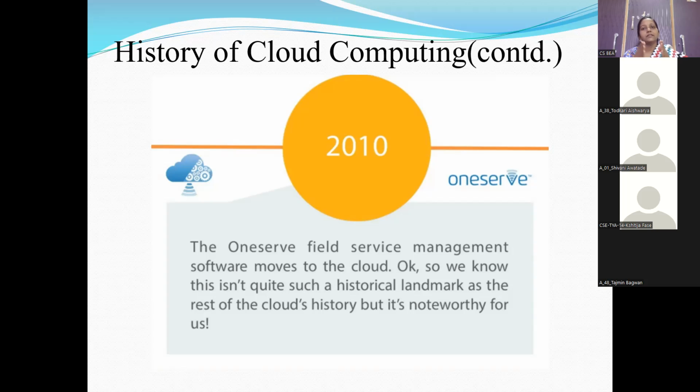How the journey started, what was there with us previously, in the 1950s, and what was the next step, and in that way how we have come to the Microsoft or Google platform, what was there in AWS, Azure, Google Cloud. Everything we are going to study now. So this is the history of cloud computing.